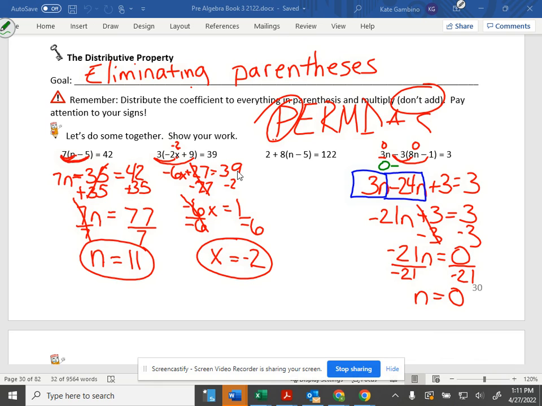We're going to do inside our parentheses first. 8 times 0 is 0 minus 1. So now I have -3 times -1. What is -3 times -1? +3. Does 3 equal 3? Oh, I can have a 0 for my variable. Interesting.